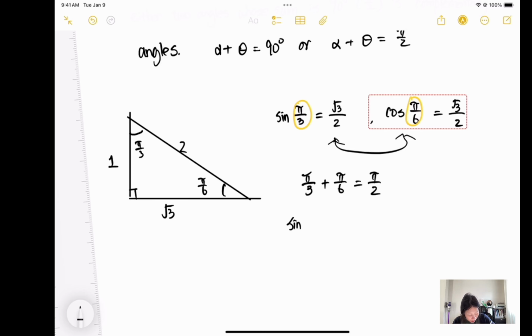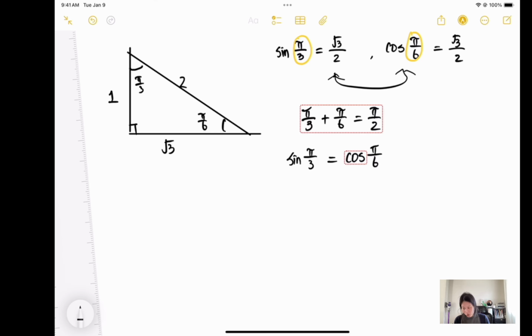Then sine pi over 3 is equal to cosine pi over 6. So we call sine and cosine cofunctions.